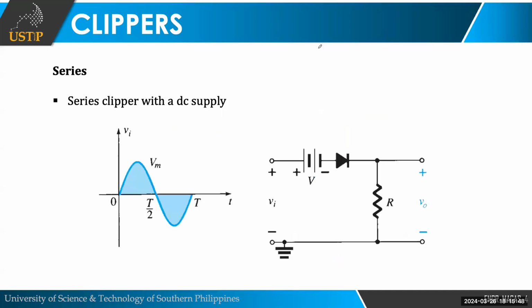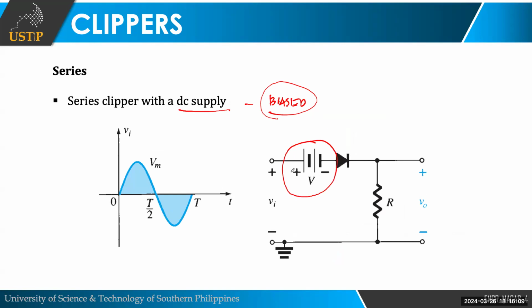Okay, let's go to a series clipper with a DC supply. This is what you call a biased series clipper. When you say bias, it means you're introducing a supply voltage. We put it in series with our diode.